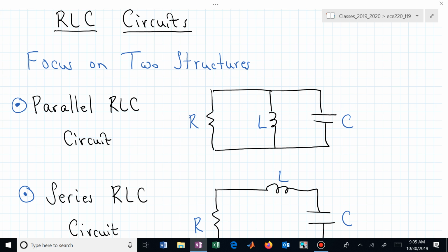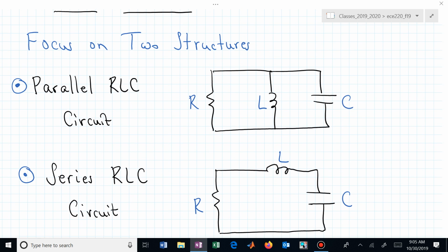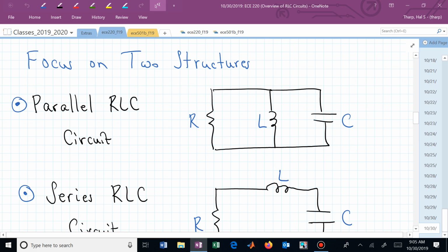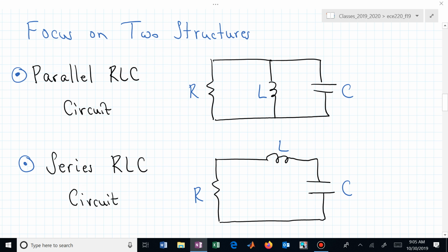Here are the two circuits that we will focus on in this class. And I should point out that although I've drawn them in RLC order from left to right, that arrangement doesn't really matter.